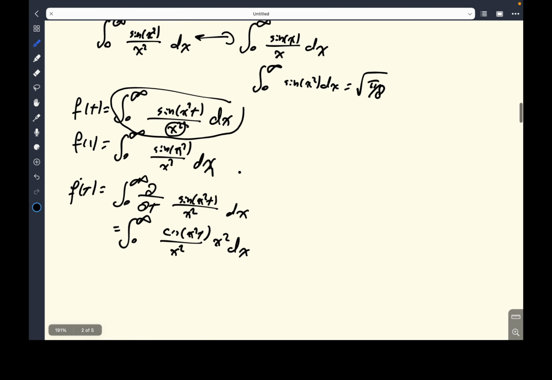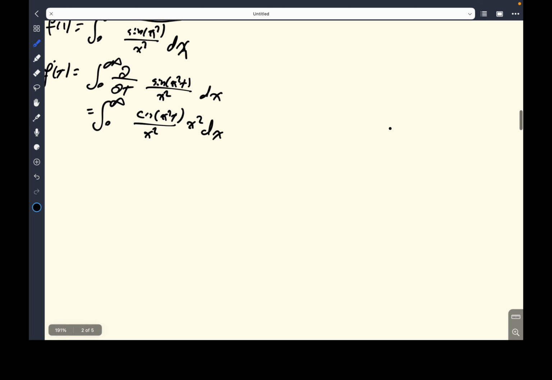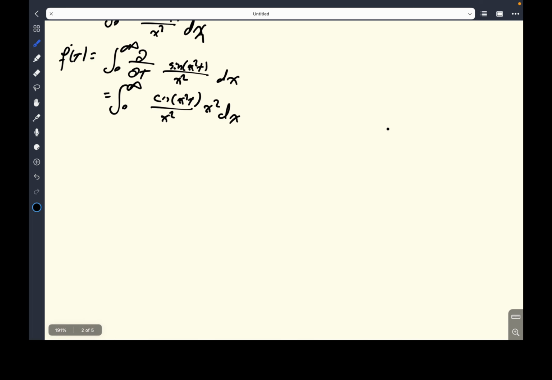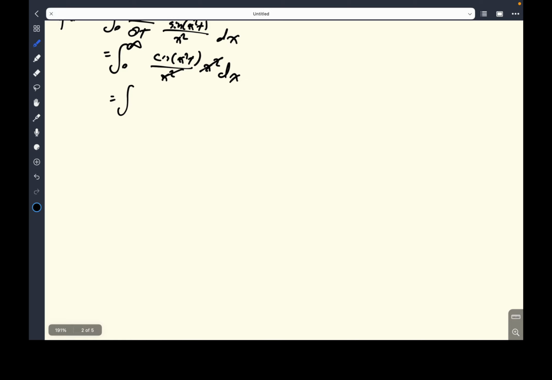I just want to remind you that the integral from 0 to infinity of cosine of x squared dx also equals root pi over 8. Now I can cancel these two together, and I'm left with the integral from 0 to infinity of cosine of x squared t dx.